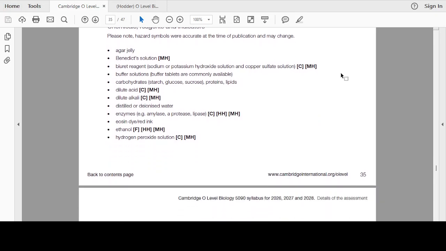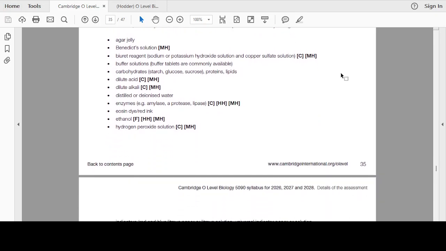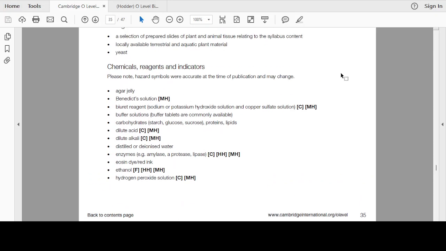Chemical reagents, right? So all the different reagents that you would need to know and perhaps talk about in your ATP, right? What you need to know, what agar jelly is, what the Benedict solution is, what dilute acid or dilute alkali is, right? What hydrogen peroxide solution is, how is it used, and by the way, the symbols given tell you about their safety precautions, right?